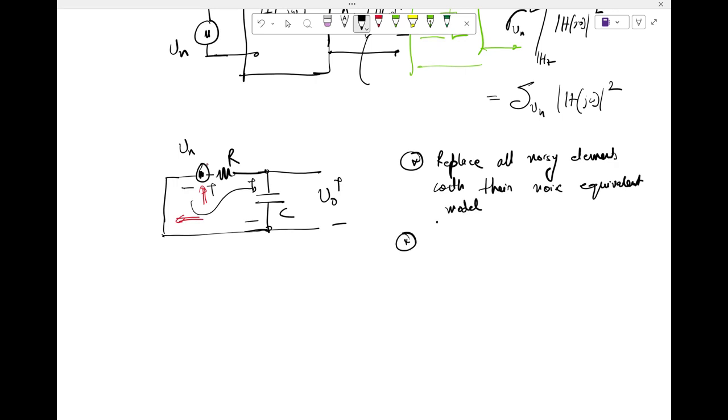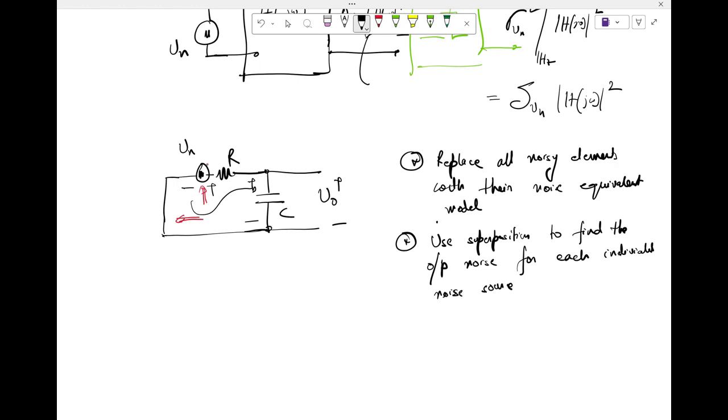Step 2 will be use superposition to find the output noise for each individual noise source. And step 3 will be combine.